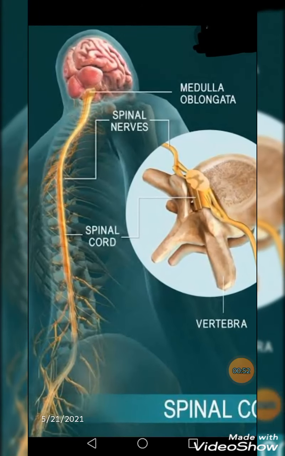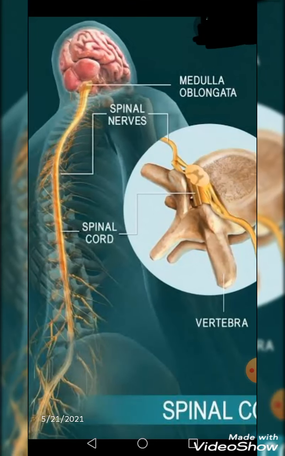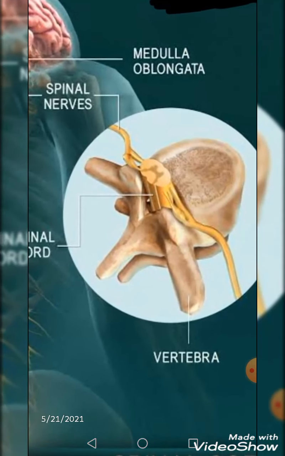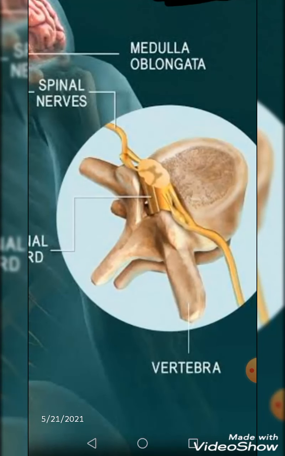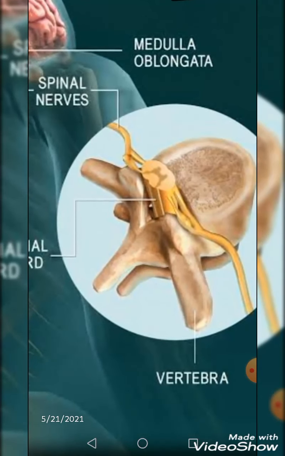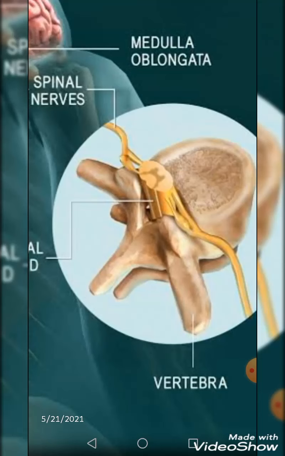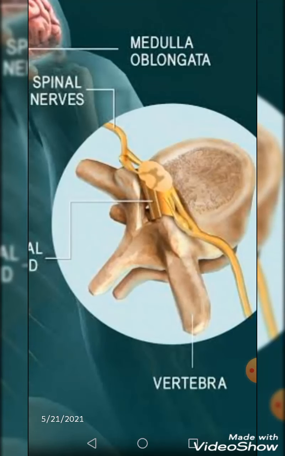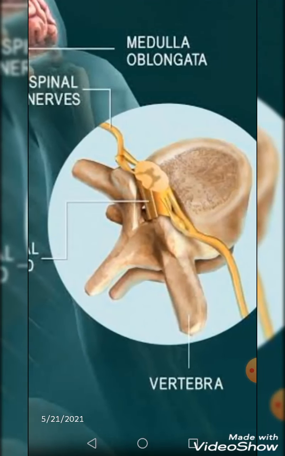In this picture again we are looking into the spinal cord and the spinal nerves, and there is an enlarged view of the vertebra and the transverse section of spinal cord. Here you concentrate on the positioning of it. The region of the spinal cord associated with the emergence of a pair of nerves is called a spinal segment.